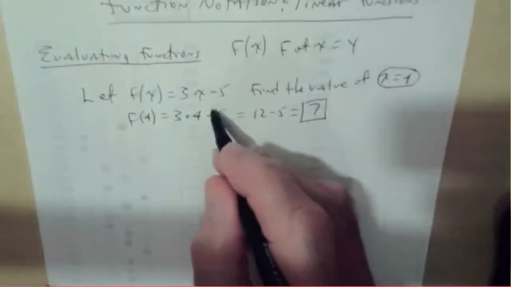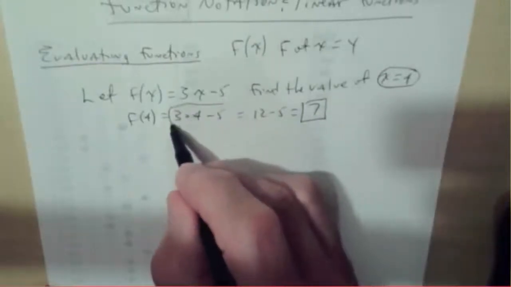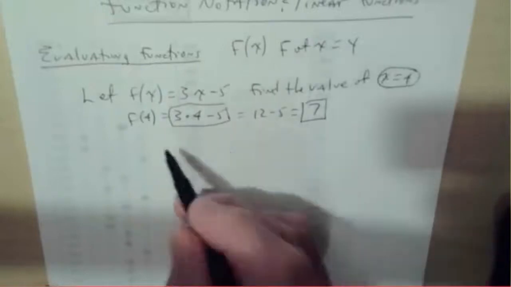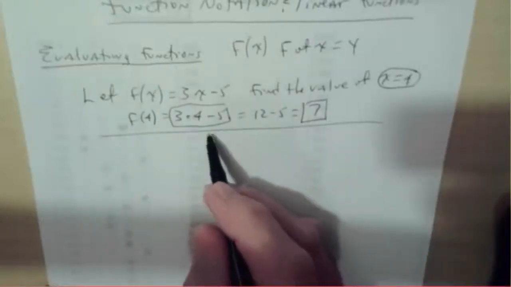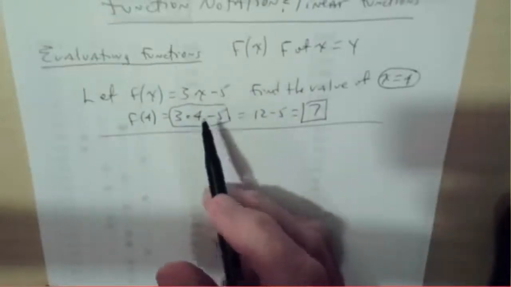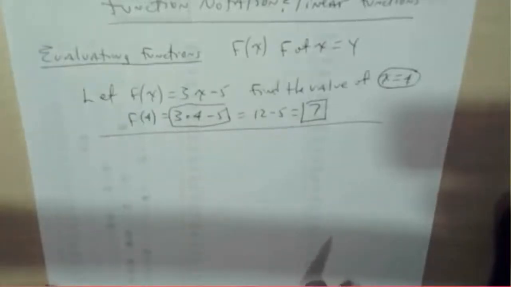Actually, you can put these in the calculator just like that, and it will spit out the answer. It will do order of operations for you, because this is nothing more than order of operations.